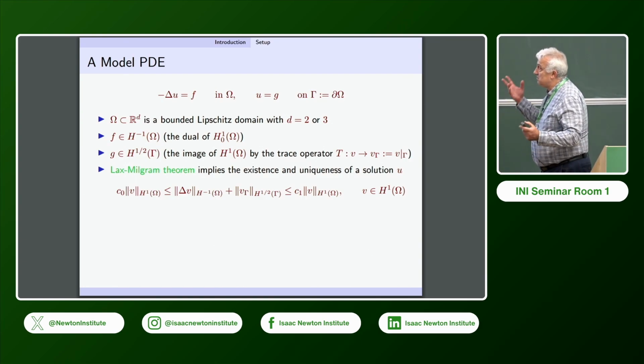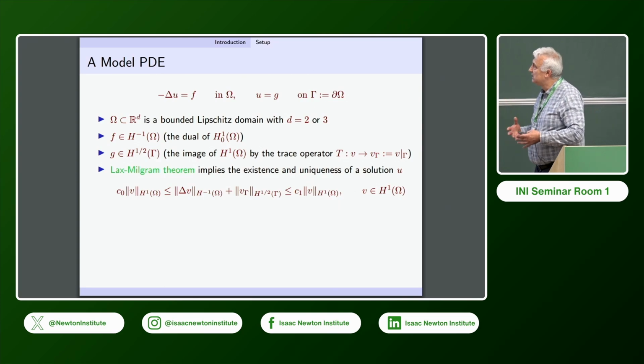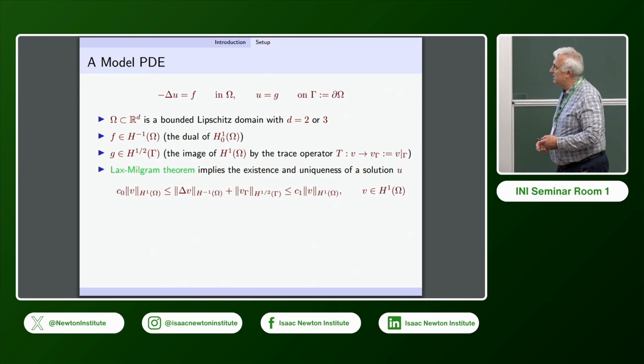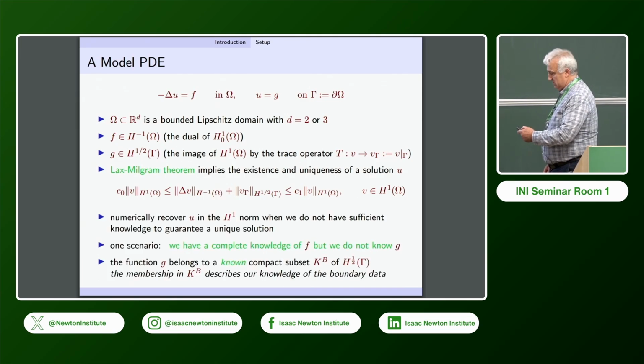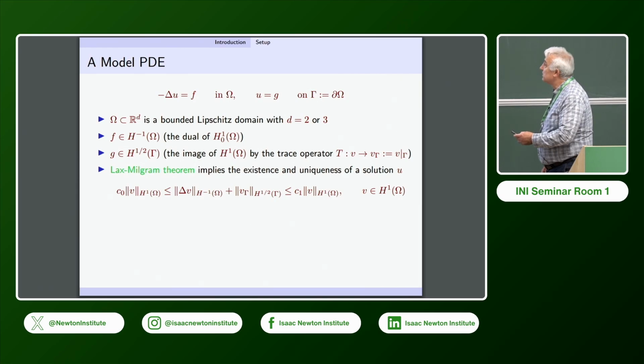So the problem is the classical one for which we know almost everything theoretically. To solve this equation, we have two main functions we need to know.